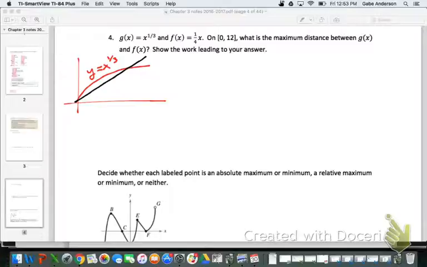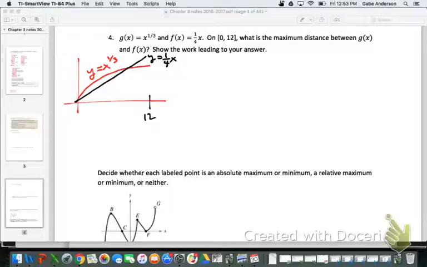They cross at x equals 8, because 8 to the 1/3 and 1/4 of 8 are the same thing. That makes sense. I was saying the y value, wasn't I? Okay, so did you guys get a similar graph to what I've drawn up there? Might be a little stretched differently, but same basic idea. And 12 would be out here roughly.